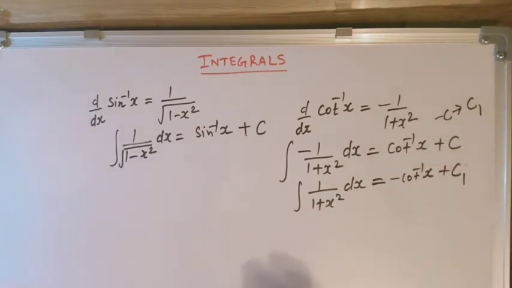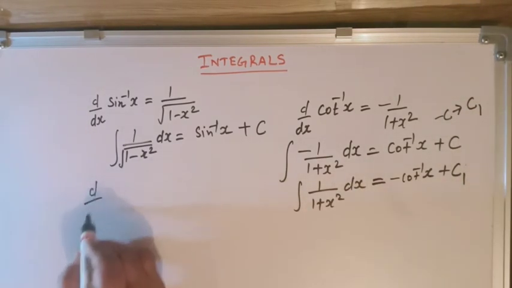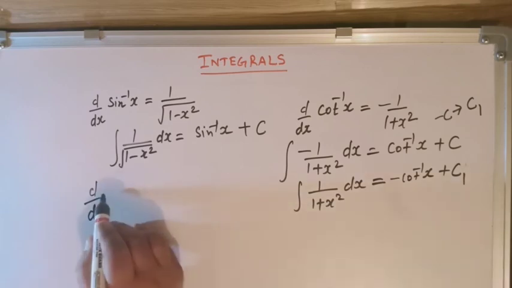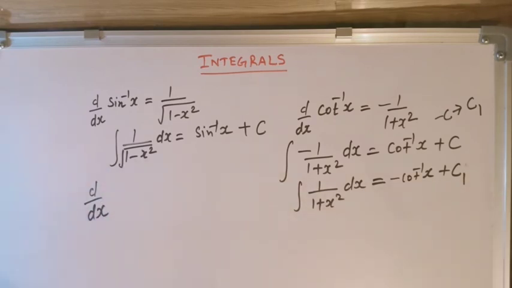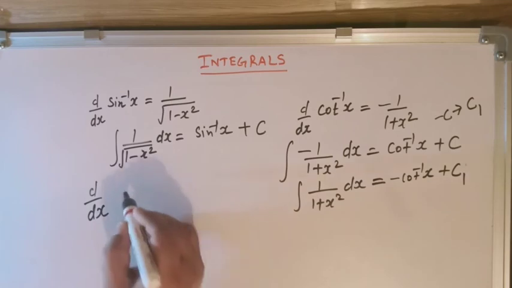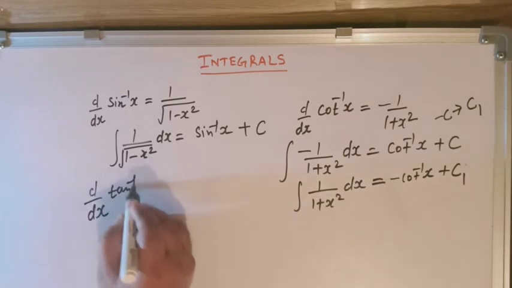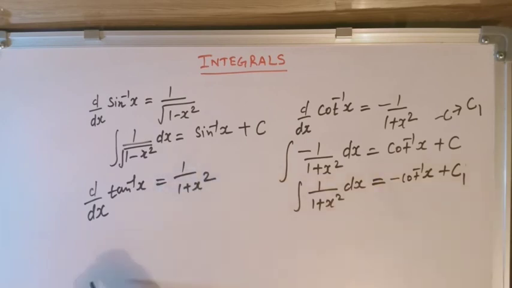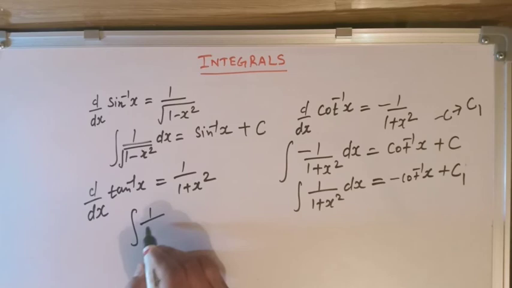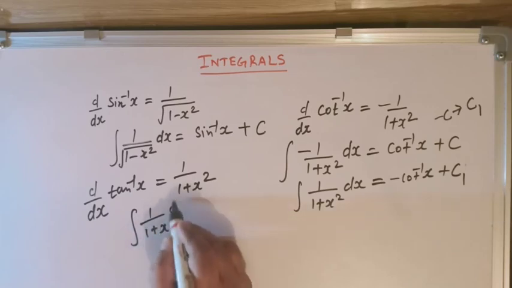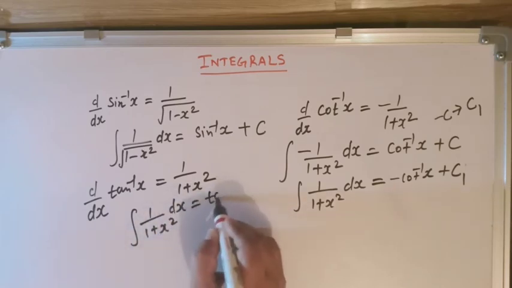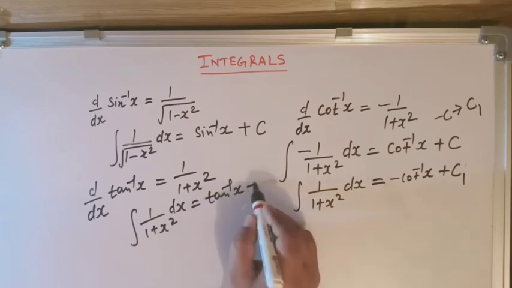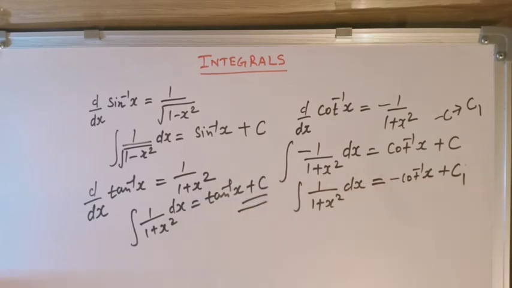Clear? So similarly, if we take the derivative of say tan inverse of x, then we have 1 over 1 plus x square, and this can be written as the integral of 1 over 1 plus x square dx is equal to tan inverse of x plus c. Clear?